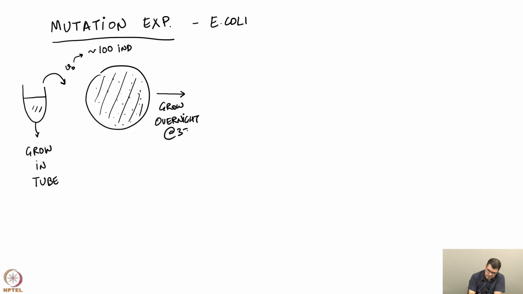At 37, and what will happen is that each one of these individual cells that was placed on a Petri plate has access to resources and the temperature is right. So, doublings will start to happen, one individual will become 2, 2 will become 4, 8, 16 and so on and so forth.